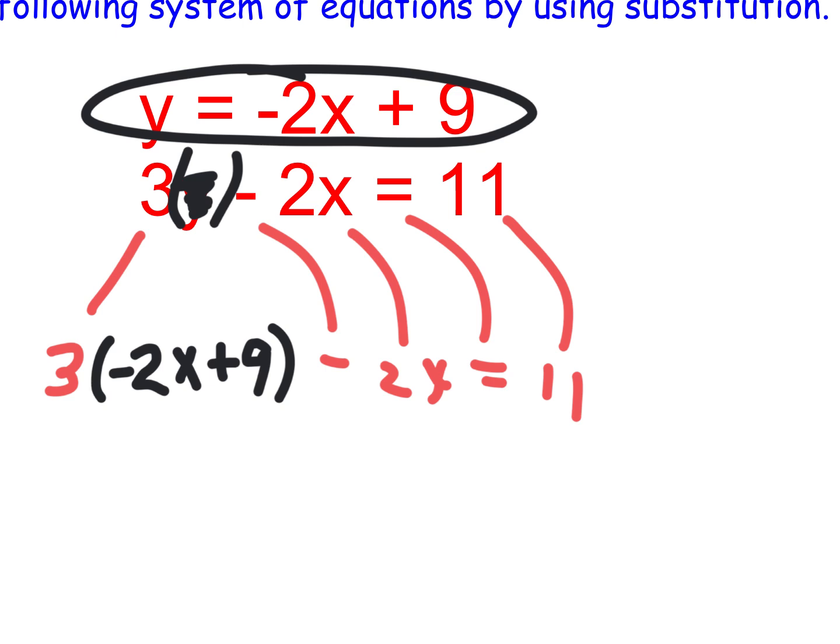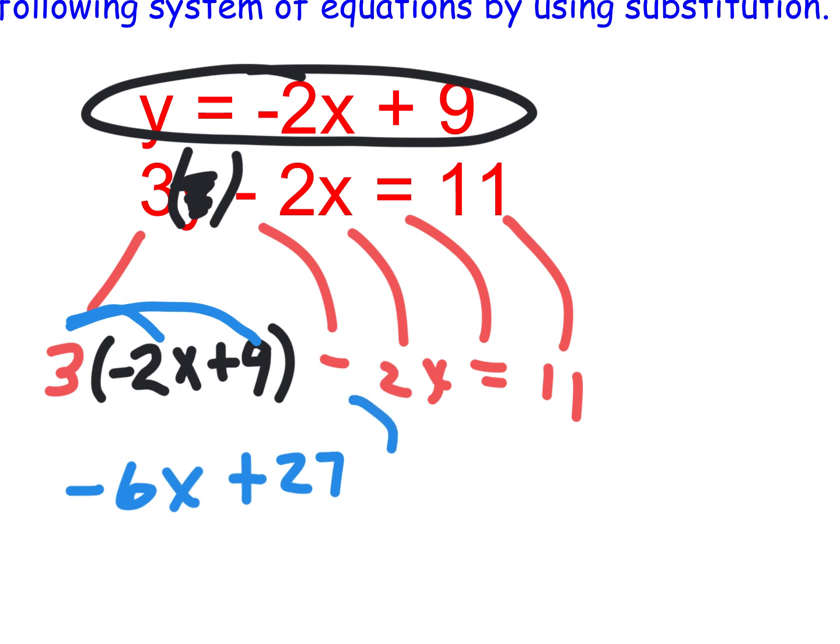Damien, I know you're ahead of us, but what would I do first in this problem on the board? Yep, and I would call it distribute. But yeah, you're right. We do the parentheses. So this becomes -6x. 9 times 3 is 27.